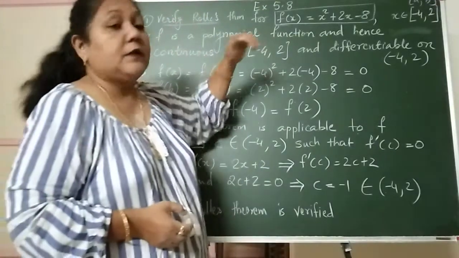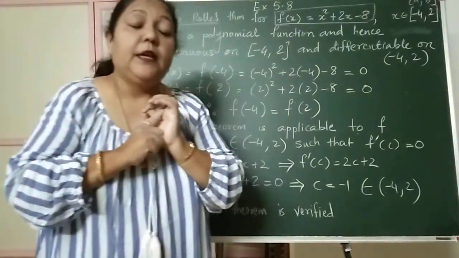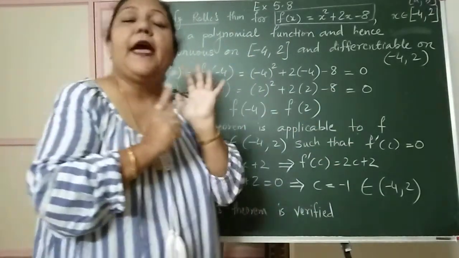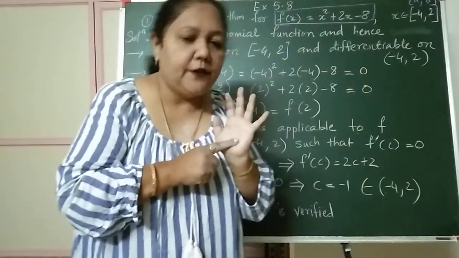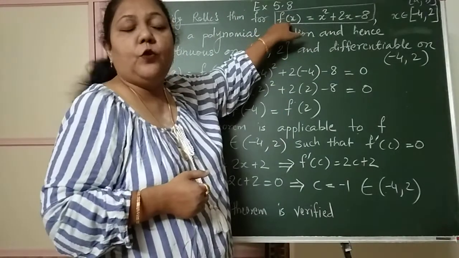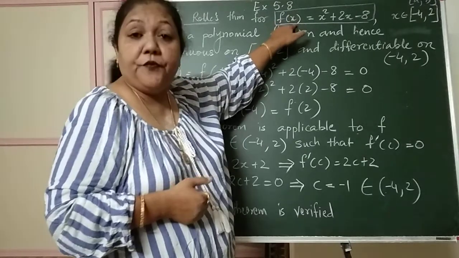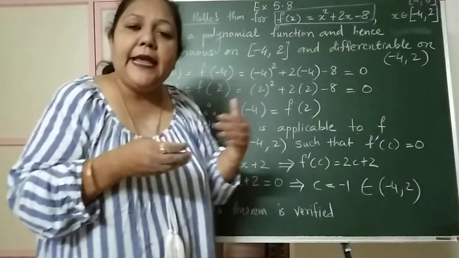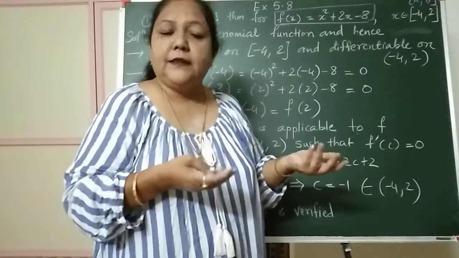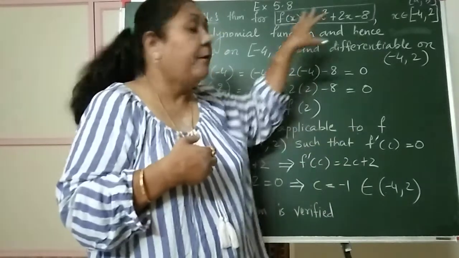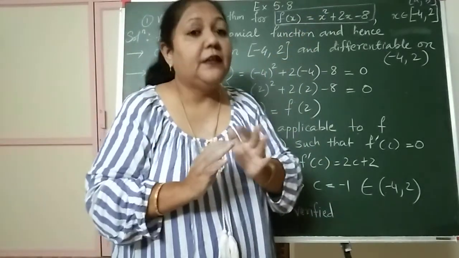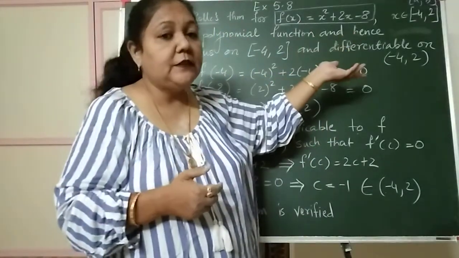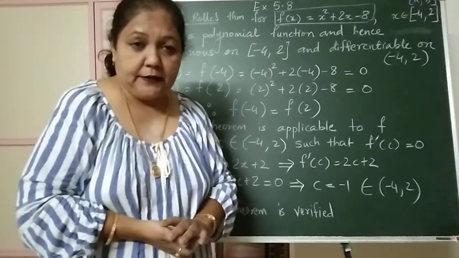Now, the first condition for whether Rolle's theorem can be applied is that f must be continuous and differentiable. So let us go to the function f. F is a polynomial, an algebraic function, and a polynomial is always continuous in the closed interval and differentiable in the open interval.